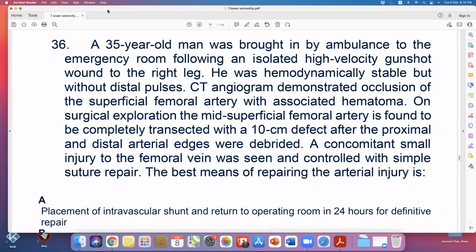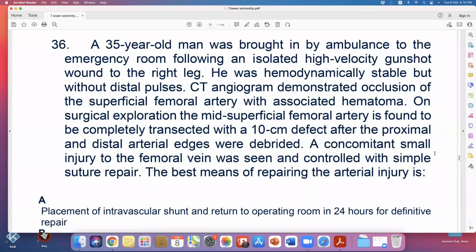On surgical exploration, the mid-SFA is found to be completely transected with a 10 centimeter defect after the proximal and distal artery edges were debrided. A concomitant small injury to the femoral vein was seen and controlled with simple suture repair.